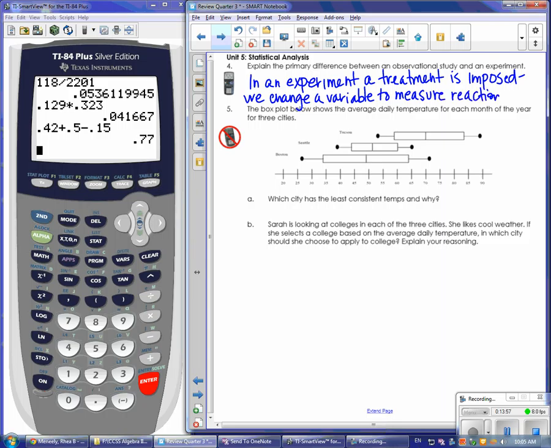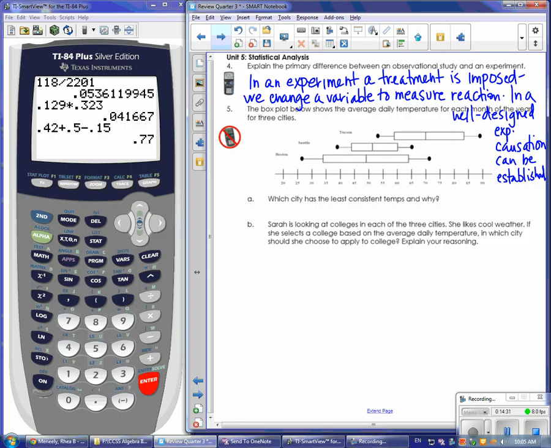And if all else is controlled, so if I control all the other variables and I use randomization, an experiment is the only way I can determine cause and effect. So that might be something else you want to add here. In a well-designed experiment, causation can be established. I can't establish causation from an observational study.